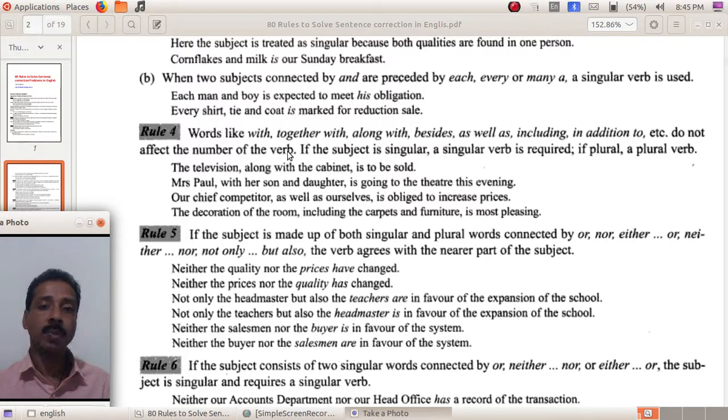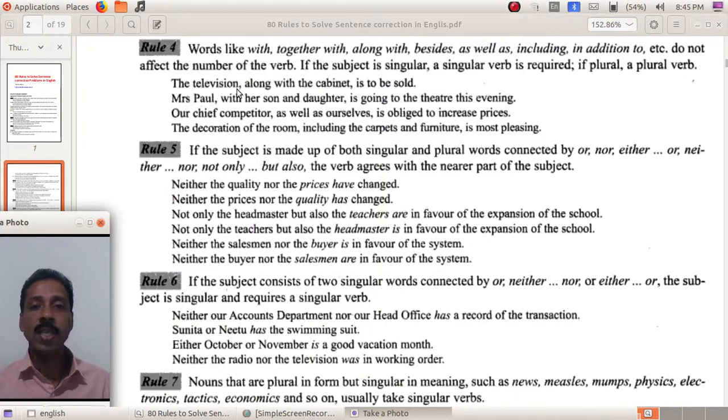Same. Then the next rule: words like with, together with, along with, besides, as well as, including, in addition to, etc. do not affect the number of the verb. If the subject is singular, a singular verb is required. If plural, a plural verb. That means, don't be confused with the statement here.